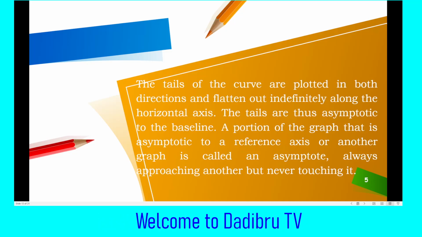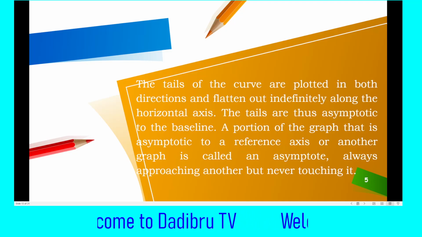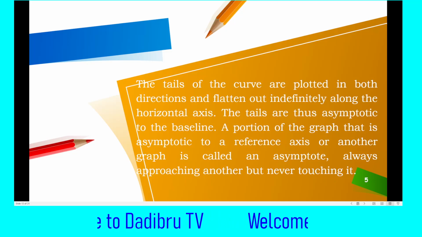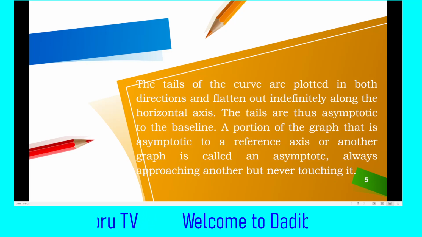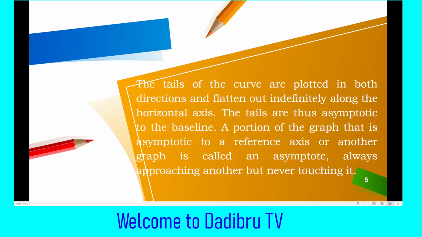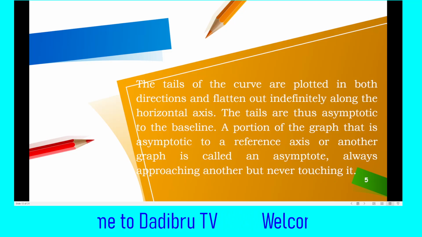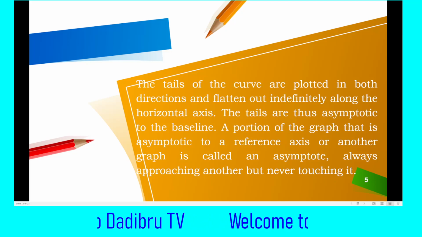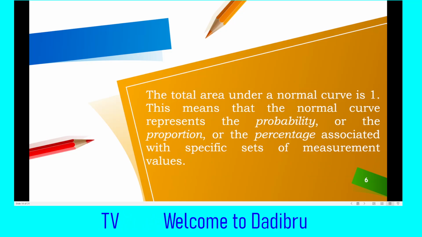5. The tails of the curve are plotted in both directions and flatten out indefinitely along the horizontal axis. The tails are thus asymptotic to the baseline. A portion of the graph that is asymptotic to a reference axis or another graph is called an asymptote, always approaching another but never touching it. 6.